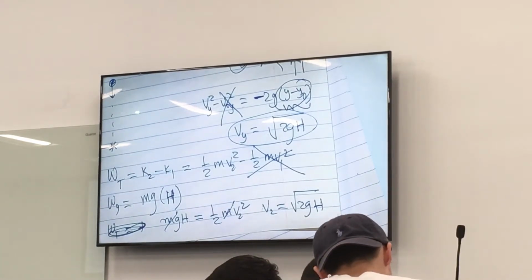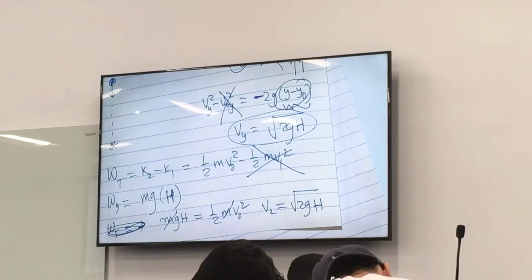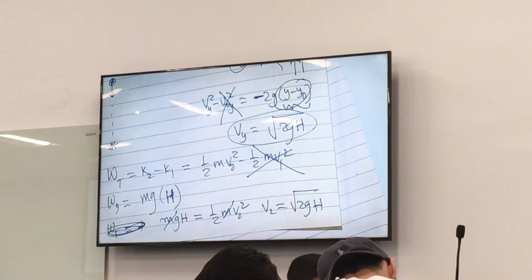The good thing about this work energy theorem is that you can also include the air resistance. If the work done by friction or the air resistance is such and such, you can include it in the total work, and you get the new velocity. From chapter 2, it's difficult. In chapter 2, there is no concept of friction.